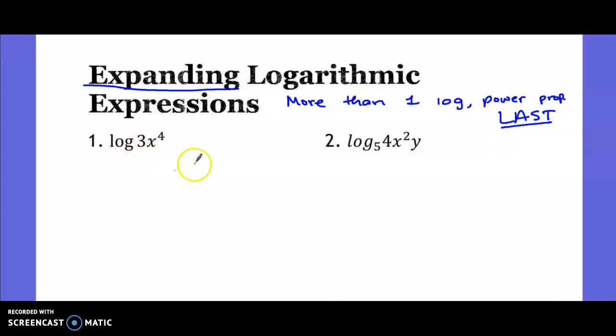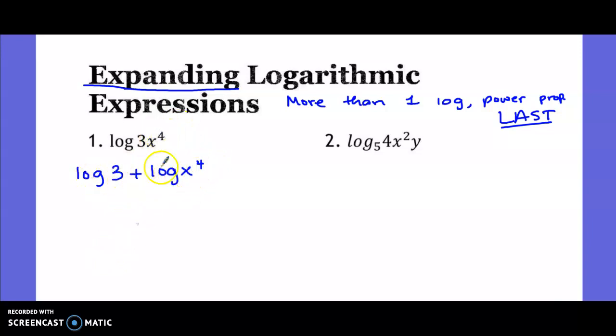So right here, decide whether it is product or quotient. It's not division, so this is product, between log of 3 plus log of x to the fourth. Since there isn't a base written, it's understood to be a base of 10. So this will be log of 3 plus log x to the fourth.